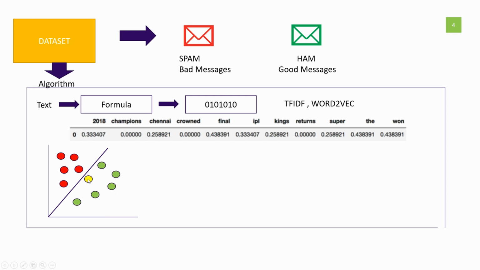Now if you have to guess which category this new message in yellow falls into, you can easily guess it. So what we are trying to do here is classify, right? Hence this is supervised learning with classification. I hope you find that very easy.